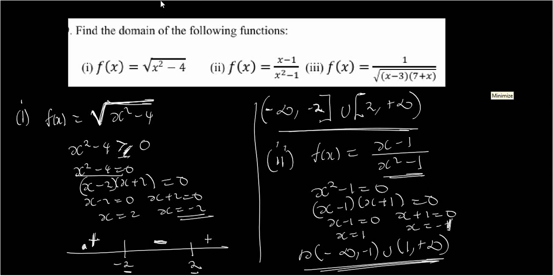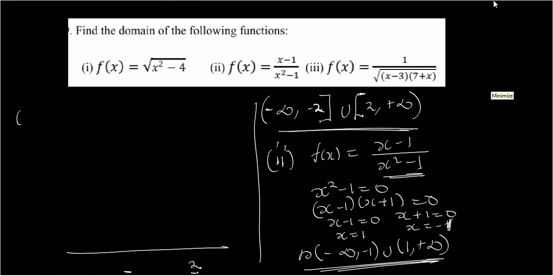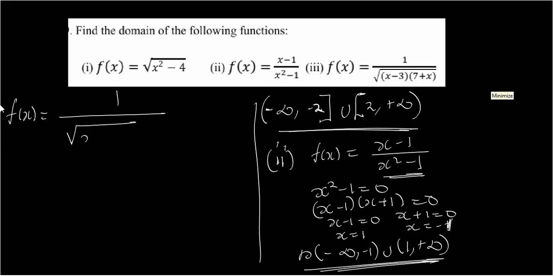Okay, let's continue. We go to number 3. On this number 3, f of x is equal to 1 over the root of x minus 3 times 7 plus x.